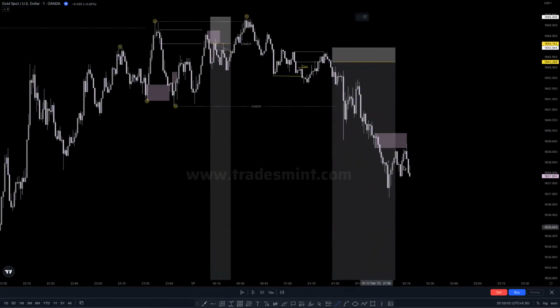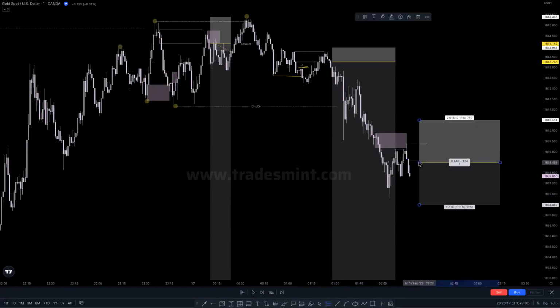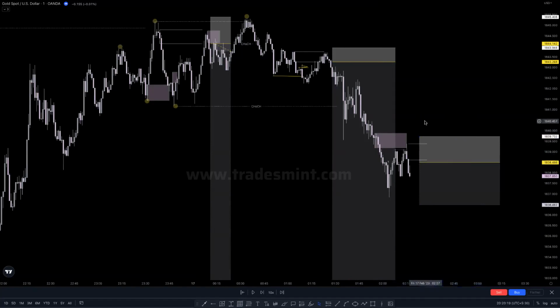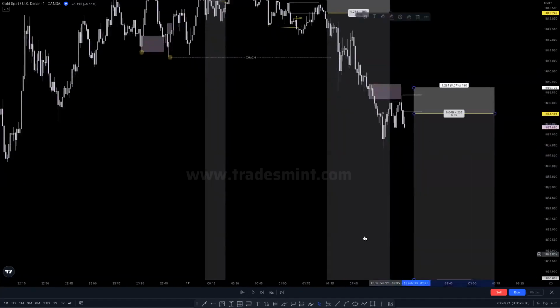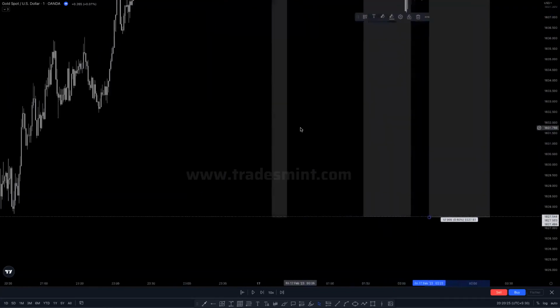So in this case, what happened here? It took out the high, and price tapped on your order block after taking out the inducement. So simply you can sell here on this order block. Like this, put the stop loss just above it for the safer side, and your target is here.